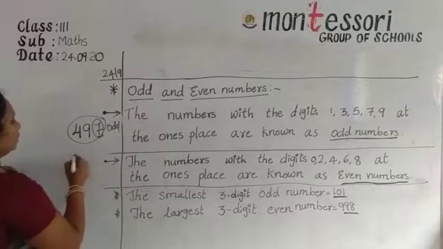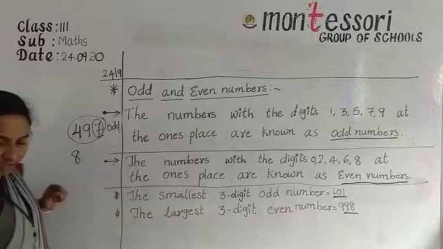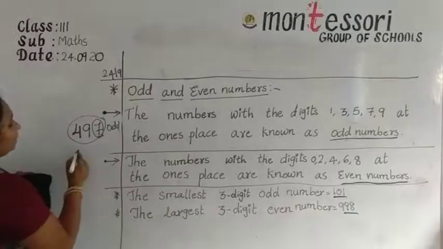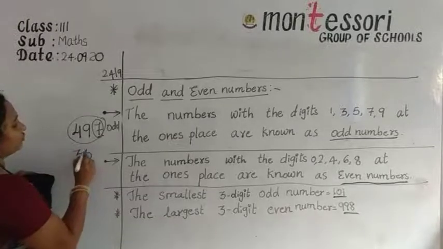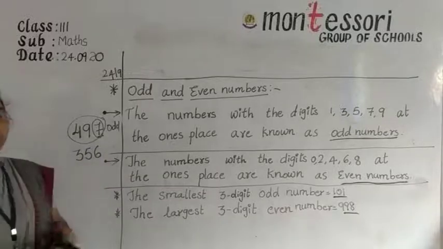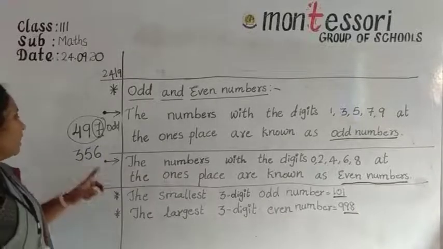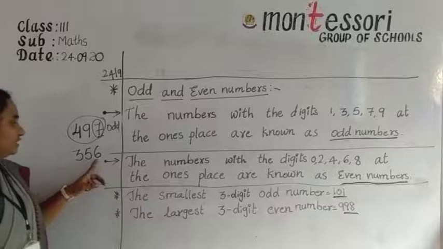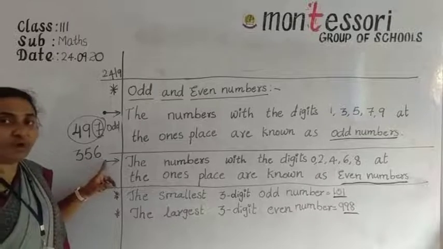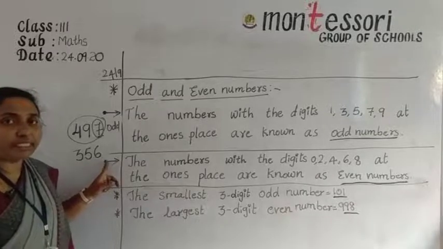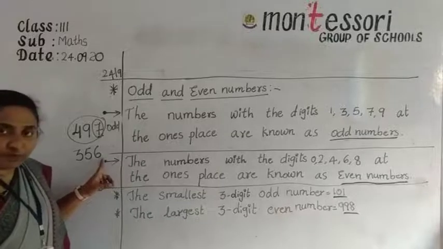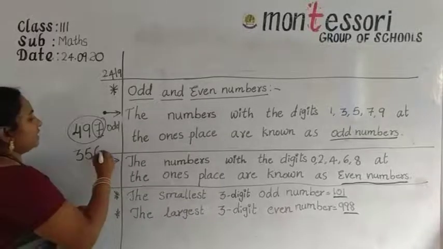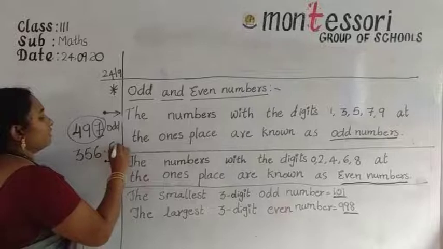For example, 356. Here in the ones place, what number is here? Even number. 6 is an even number.